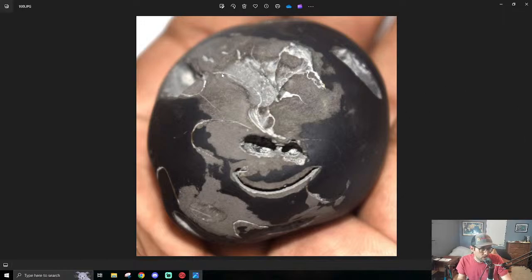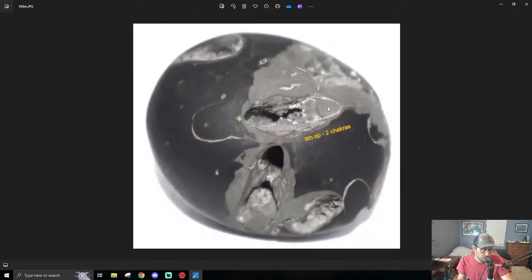Relative to the chakra, it kind of goes more this way than this way, where this ammonite actually goes like not.